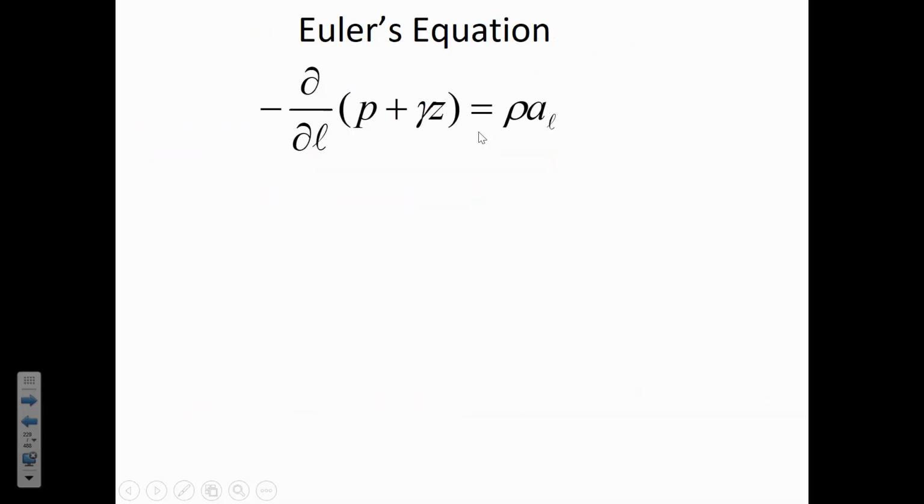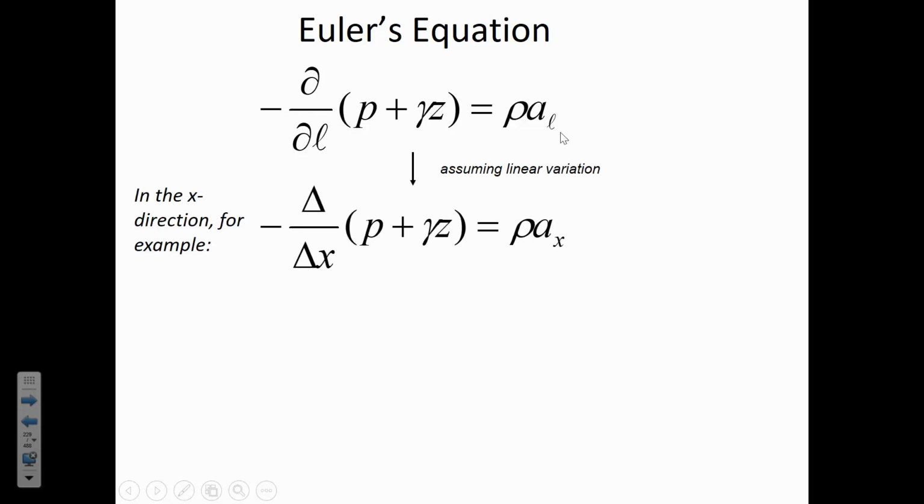Okay, just to review, remember that in Euler's equation what we're saying is when there's some acceleration in the L direction for a fluid that has a given density, then what we can measure is a change in piezometric pressure between 2 points, and the 2 points are in that same direction as the acceleration.